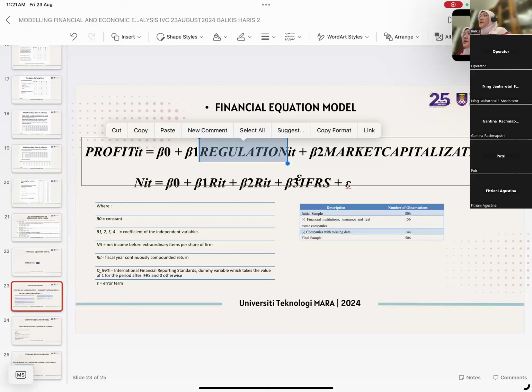So here, under the financial equation model, where do we get the profit of the financial institutions or the banks? In Malaysia, we have Islamic banks and conventional banks. We have local banks, and we also have foreign banks. We can choose profit for all the financial institutions registered with Bank Negara Malaysia, or the Central Bank of Malaysia.